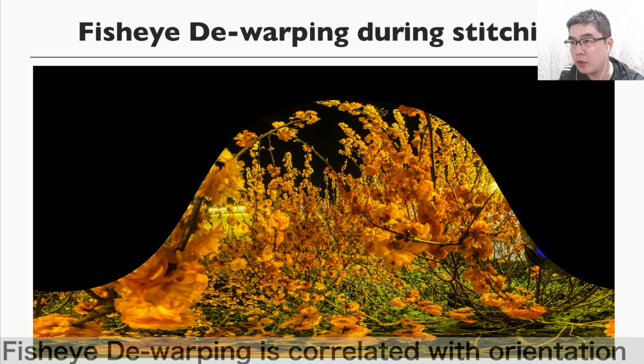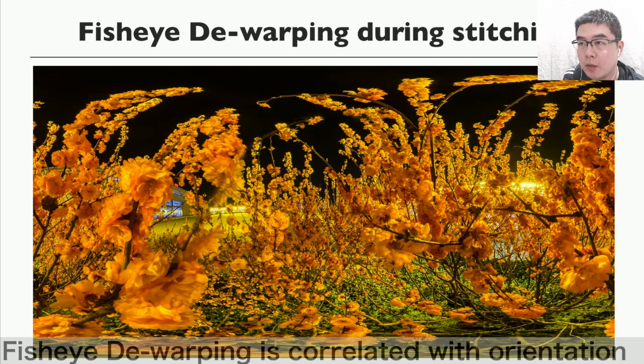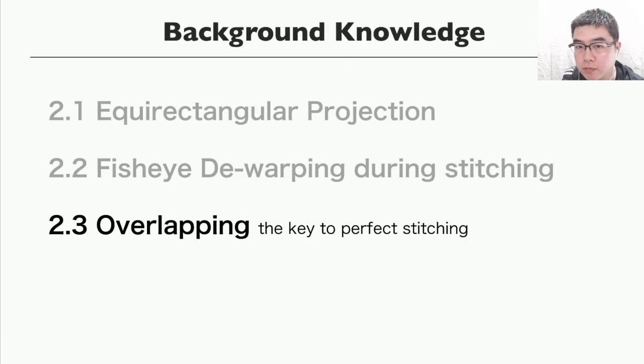The image will look different from the last one because the camera has different orientations. And when you blend the two images together, you will have the stitching lines, right? So next we talk about the overlapping. The overlapping is a key point to perfect stitching.